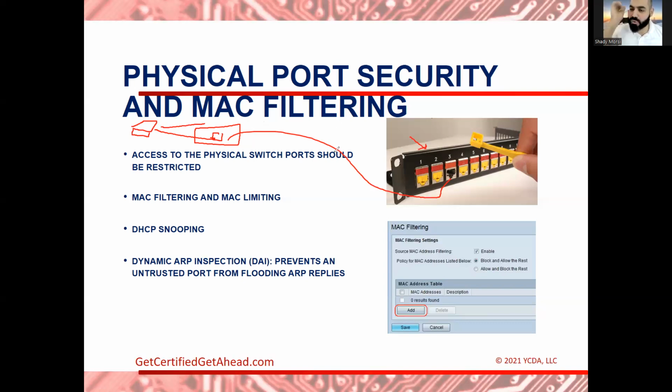So how can you really stop him from accessing your network? In this diagram over here, you can see they have some sort of lock and key to lock all the unused ports, so he cannot plug into any one of these unused ports. And also sometimes here there will be a lock.